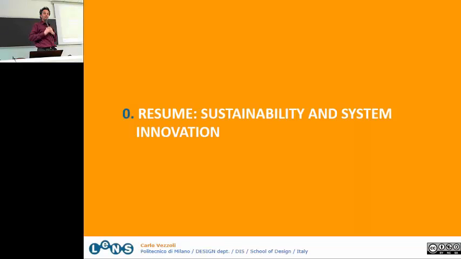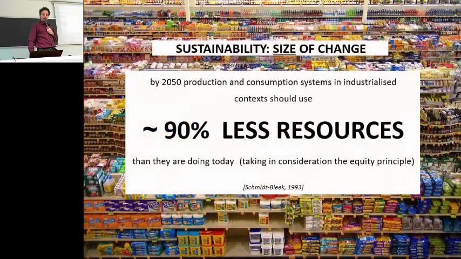So if we start with a resume of what we understood the other time. We speak about sustainable development, but one very important issue: I remember that you all remembered the definition of sustainable development, but something that was not that clear was the dimension, the size of change.